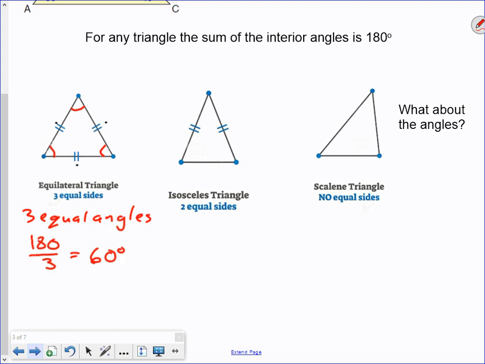In an isosceles triangle, there are two equal angles, and these are the two angles that are opposite the two equal sides. So this angle here and this angle here are equal to each other. And as you've likely guessed, in a scalene triangle, there are no equal angles.